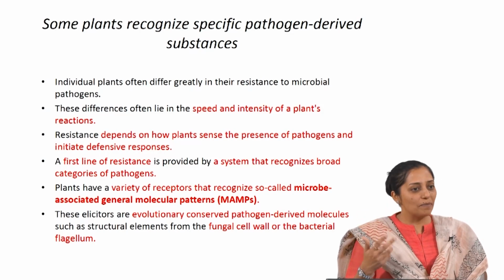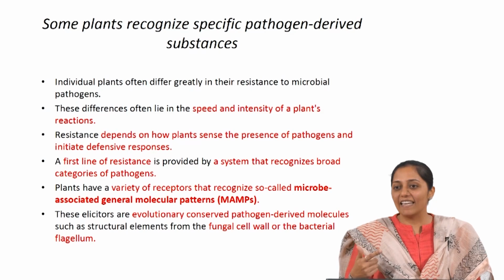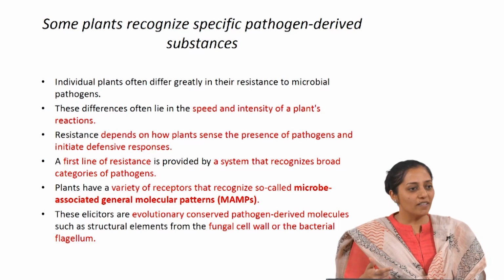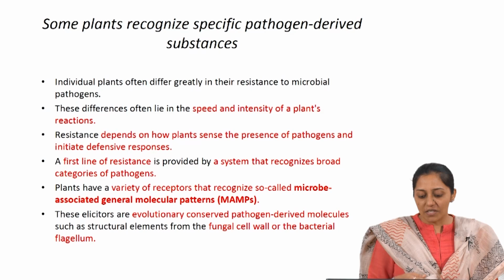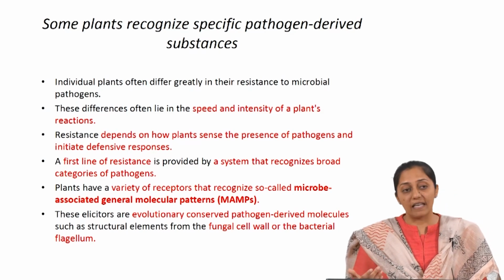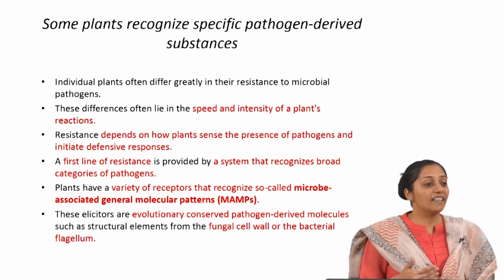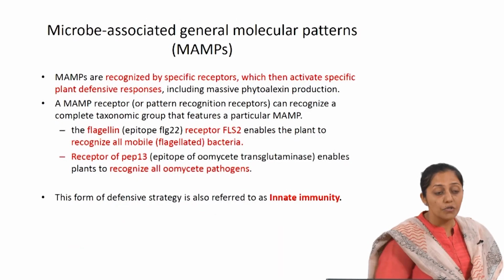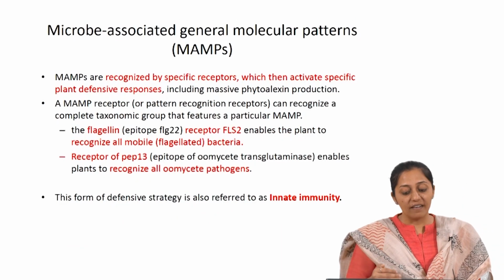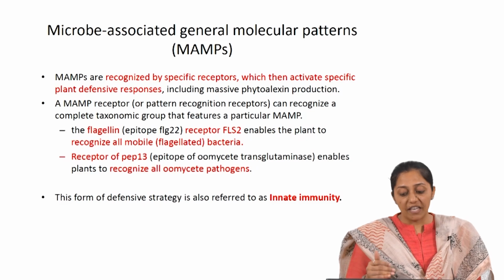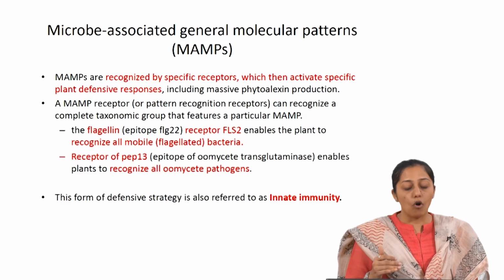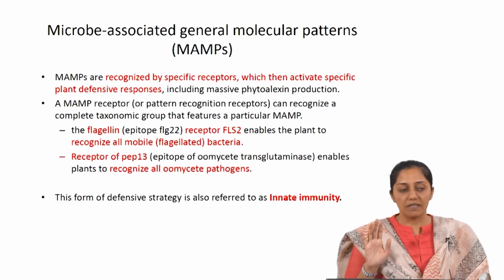There is a memory in the plant through which it is learning and creating its own defense for the future. Structural elements include the fungal cell wall, for example, or the bacterial flagellum. One such is the flagellin receptor FLS2, which enables the plant to recognize all motile bacteria. That is one such receptor.